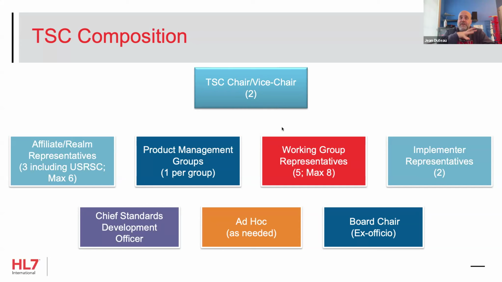There is an implementation division within HL7 that's been going on for, I think, 4 or 5 years now, and we've brought in implementer representatives to get the implementer voice on the TSC. And then the Chief Standards Development Officer, I mentioned Dan before, any ad hoc members, and the board chair also gets to sit on the TSC. And Julia Skapik is our current board chair, and she has come to a few TSC meetings, so that's great.